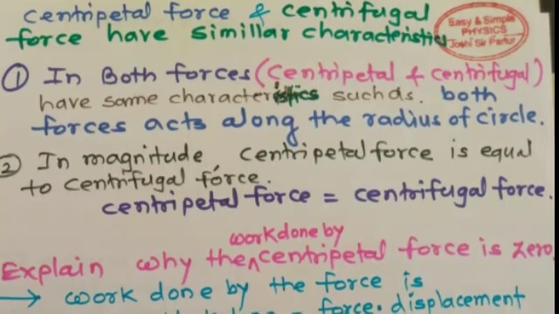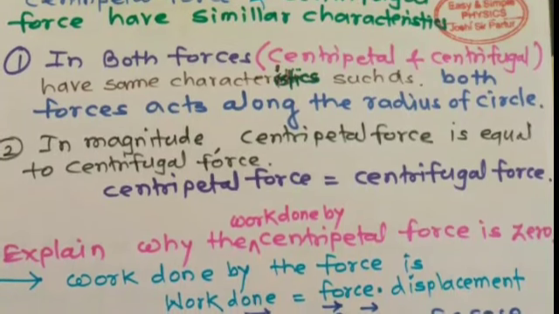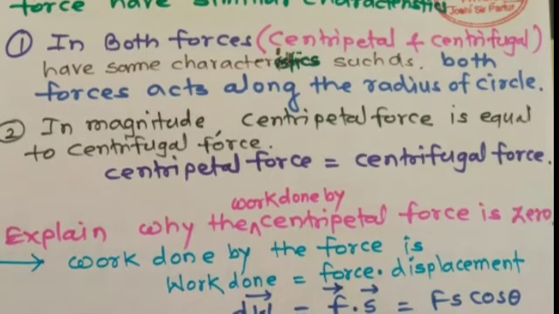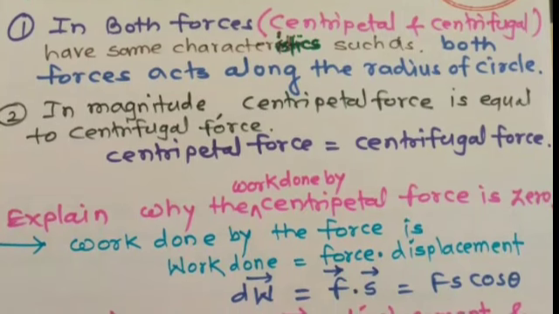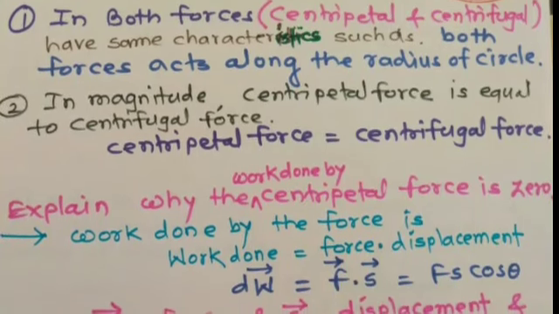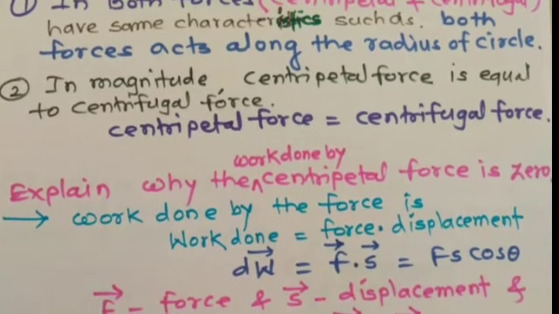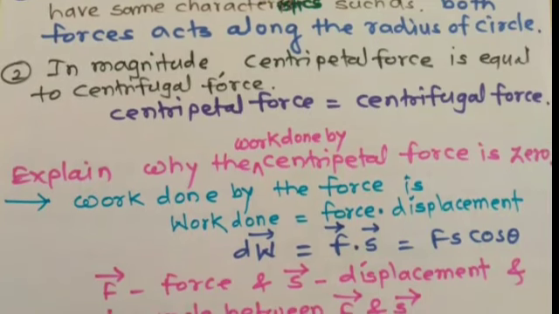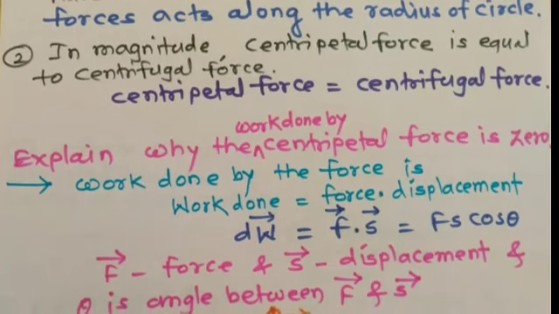Centripetal force and centrifugal force have some similar characteristics. Number 1, both forces act along the radius of the circle. Second, the magnitude of centripetal force is equal to centrifugal force.